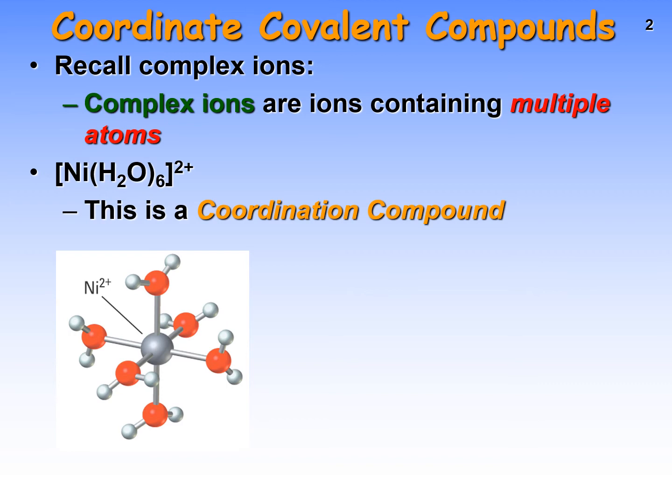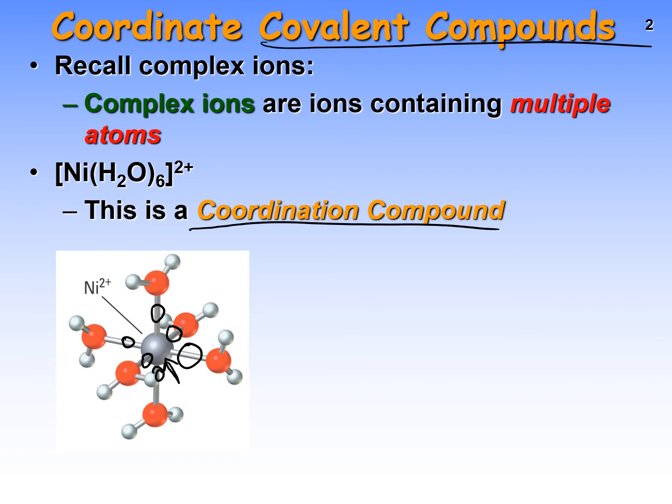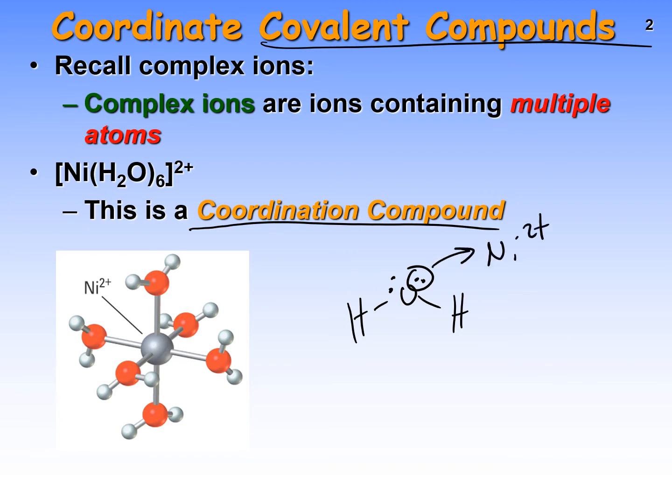Complex ions are coordination compounds. In this case, we have Ni in the center here. Each one of these bonds, all 6 of them around the nickel, are coordinate covalent bonds. All of them are due to water, H2O, if we draw its Lewis structure, sharing one of its lone pairs to the Ni2+.